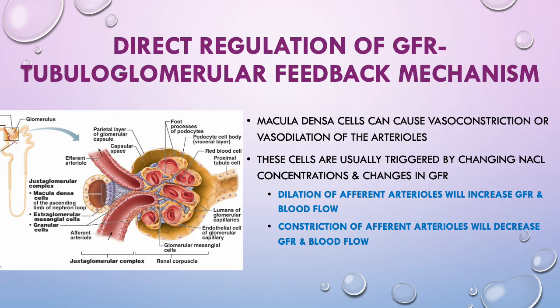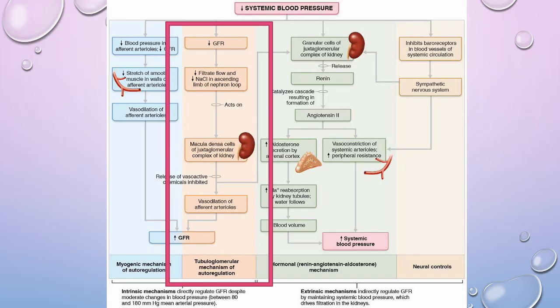A little bit more here: the macula densa can cause vasoconstriction or vasodilation. So, as necessary, I can either decrease the GFR and the blood flow or increase the GFR and the blood flow. Kind of like a myogenic function, but this is done directly by these little cells. And we see it here. And this one directly affects the GFR.